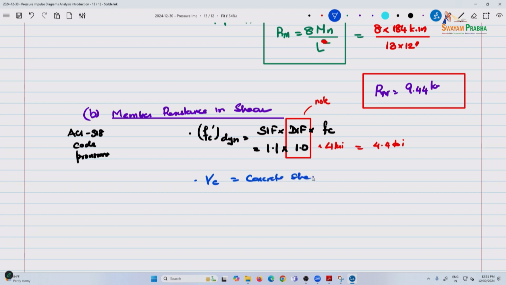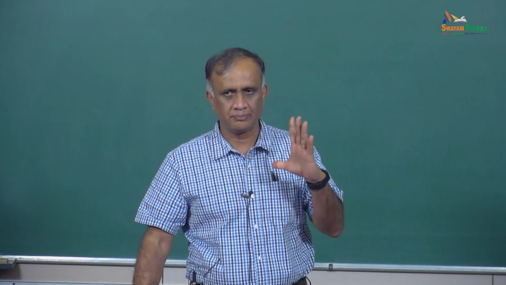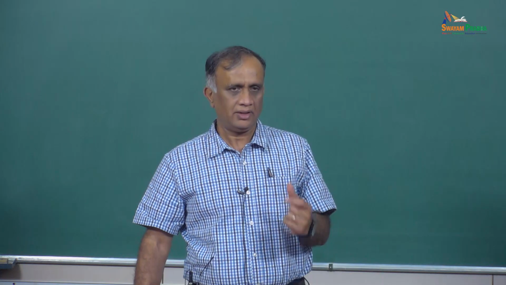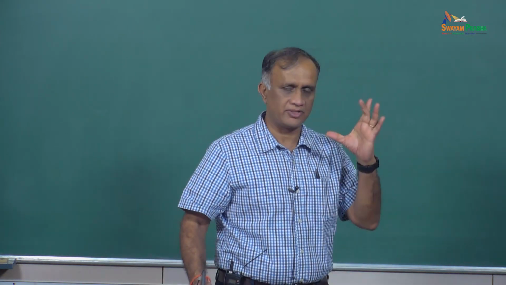In fact, now equations have changed. We now have what are known as the l by d ratios or deep slab, those kinds of things. Shear fracture depends on the depth of the section.